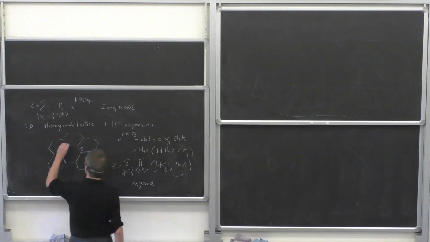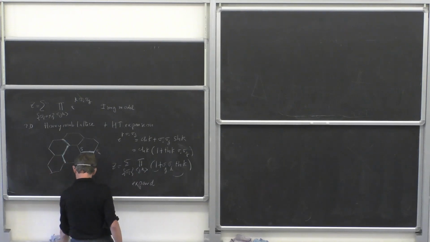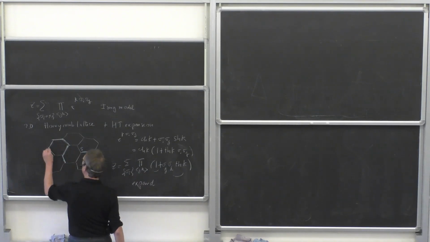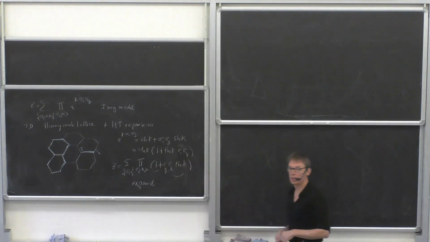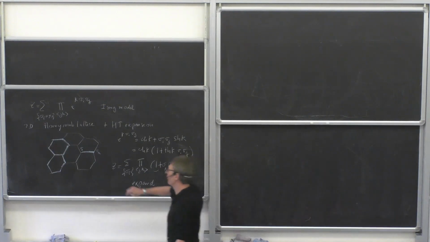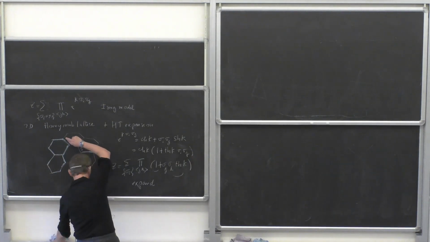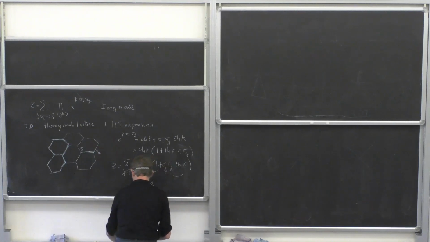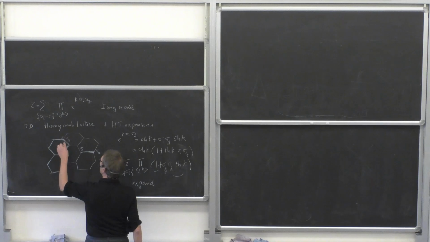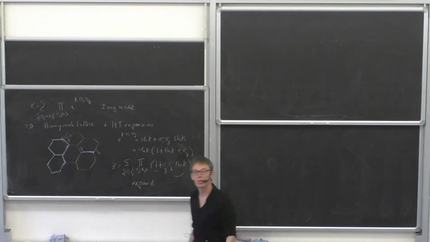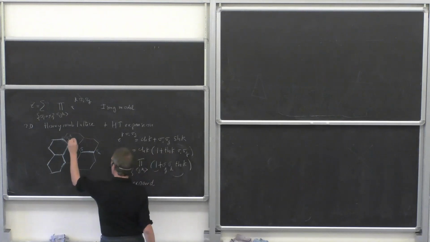But whenever we have a loop like this, each edge contributes 1 sigma for its extremities. So, for instance, here we have a sigma_j coming from this edge and a sigma_j coming from that edge. So we have a sigma_j squared, which is equal to 1.